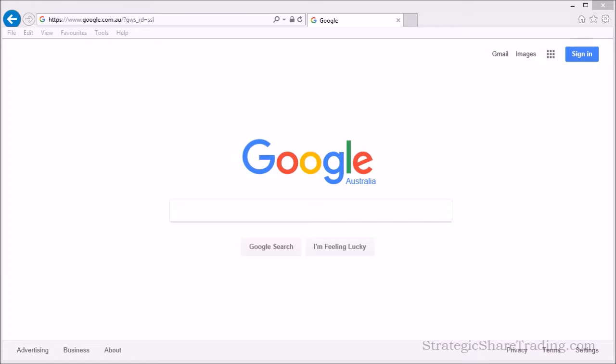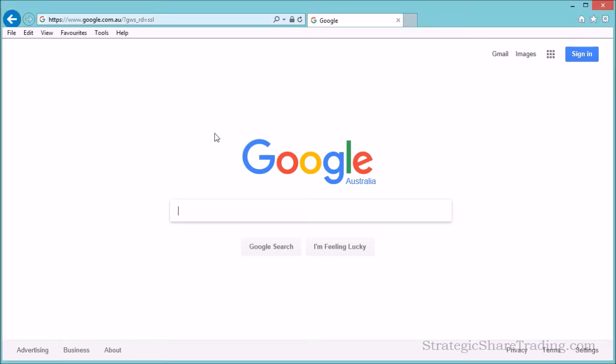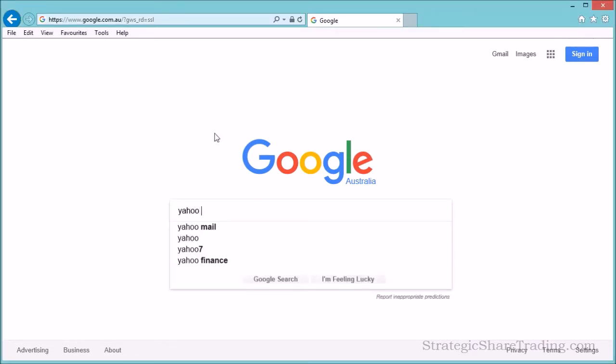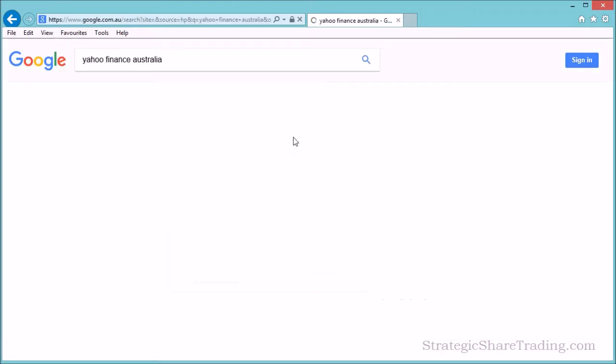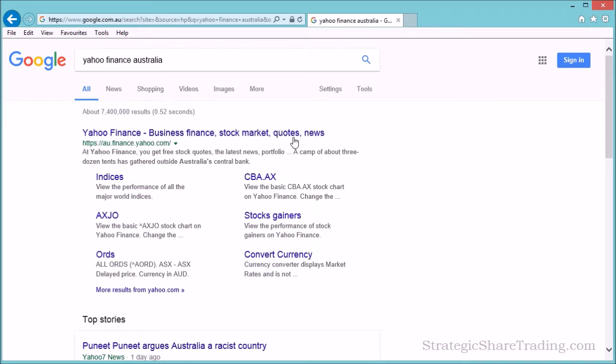So the first thing I want to do is just do a search for Yahoo Finance Australia. And there it is. You can see the web address is au.finance.yahoo.com. So we'll click on that.